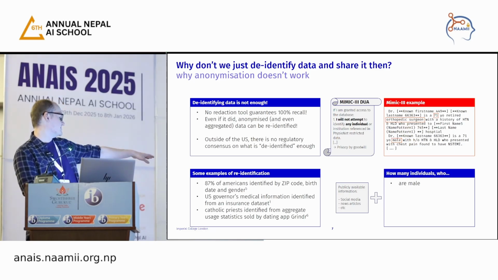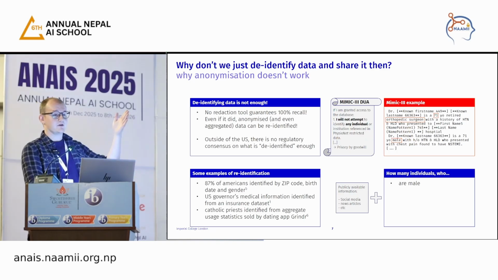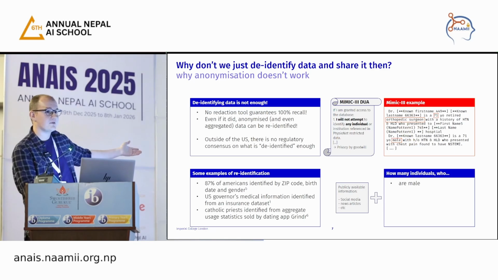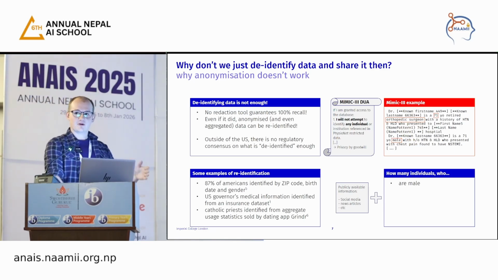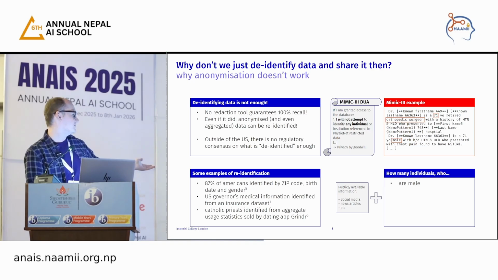More recently, Catholic priests identified one of their own from aggregate usage statistics sold by the dating app Grindr, and then they started harassing them. So that's an example where re-identification actually leads to real-world human harm. Maybe you don't want to be identified from the usage statistics of a dating app.